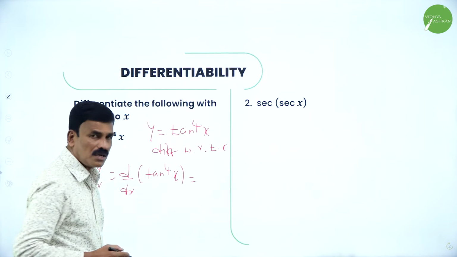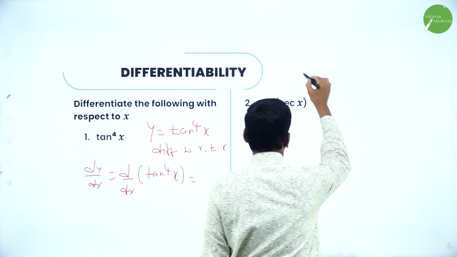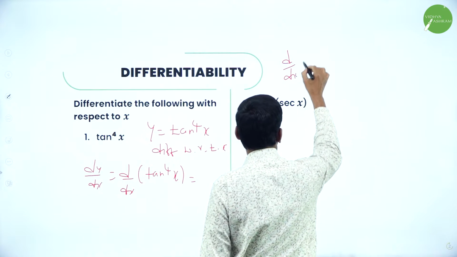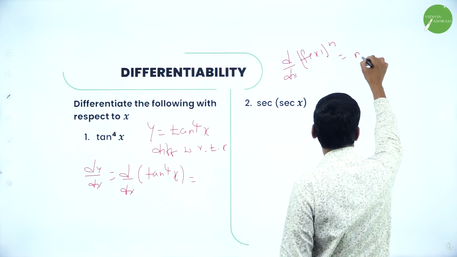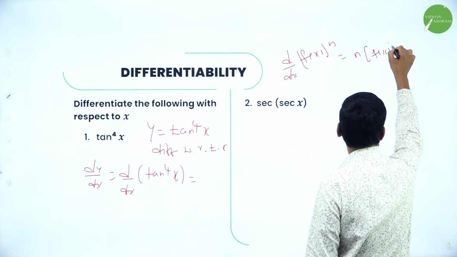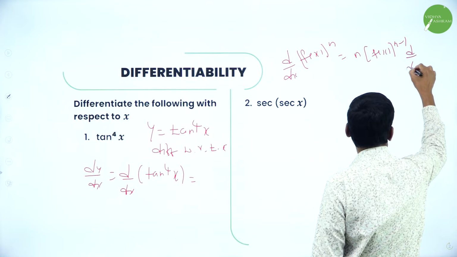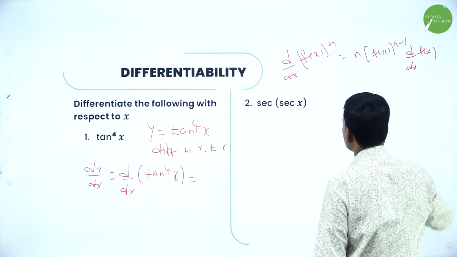Now in the last class we have discussed a formula, that is d by dx of f of x to the power of n is always equal to n into f of x to the power of n minus 1 into d by dx of f of x.